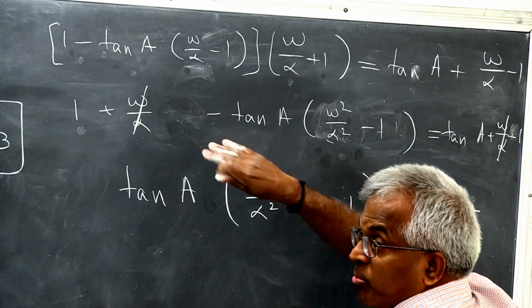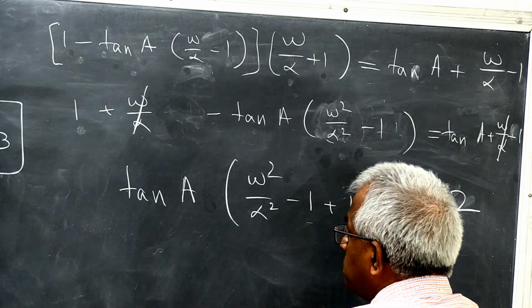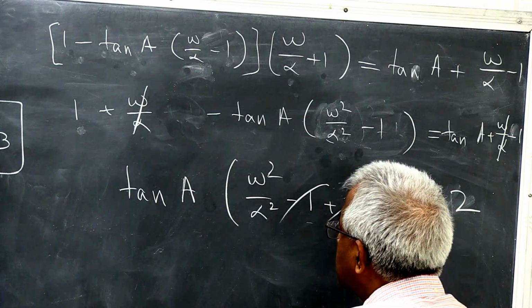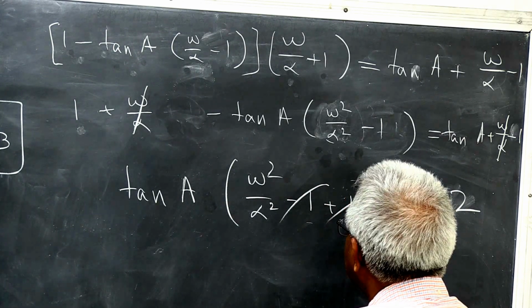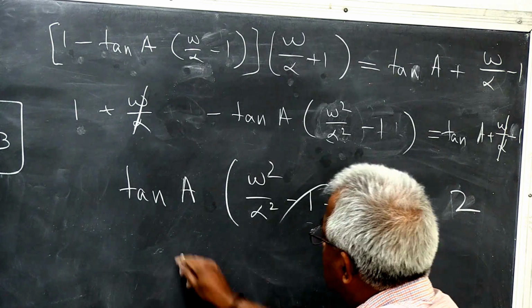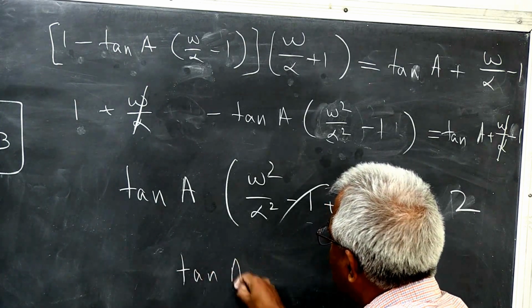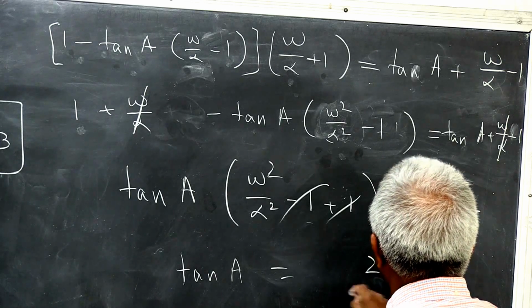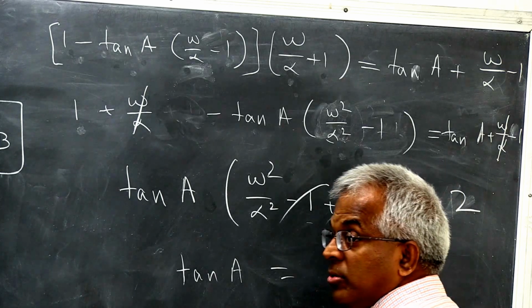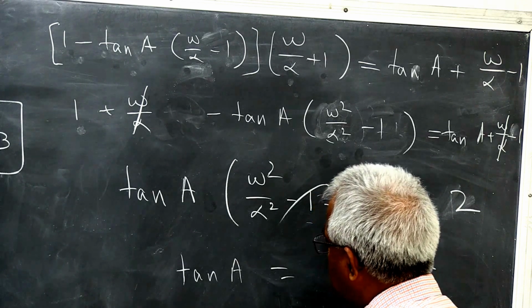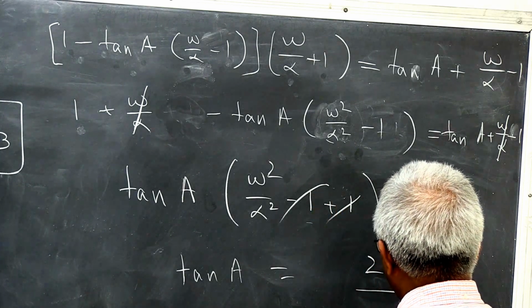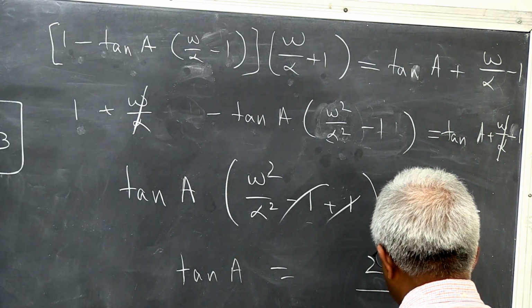So I'm going to bring it over. This one and this one cancel. So tan A is 2 alpha squared over omega squared. So A is tan inverse of 2 alpha squared over omega squared.